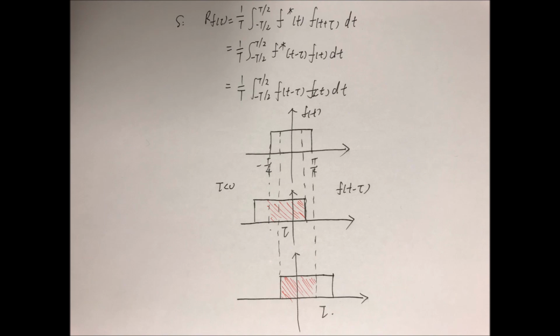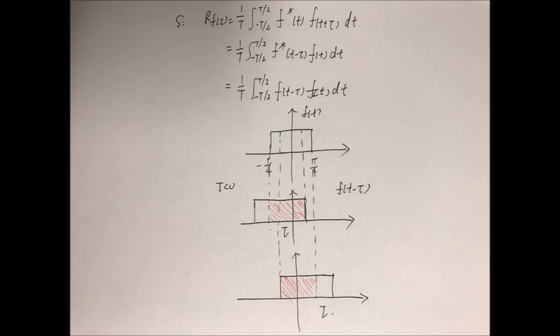Because my signal is real, the conjugate is the same. The following procedure will be very close to the one we showed for calculating the convolution of two rectangular signals. The first term, f(t), is fixed. The other one has a time shift.